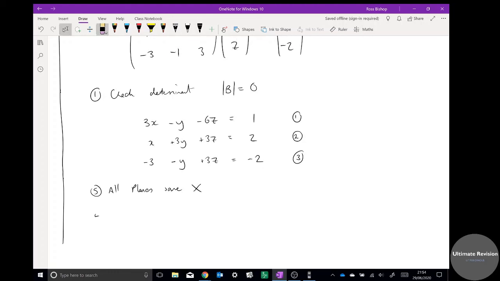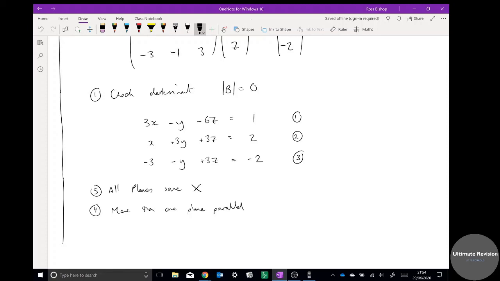Option 4, I'm sort of going to work backwards here. So option 4 is more than one plane the same, or more than one plane parallel. Okay, so are more than one of the planes parallel?